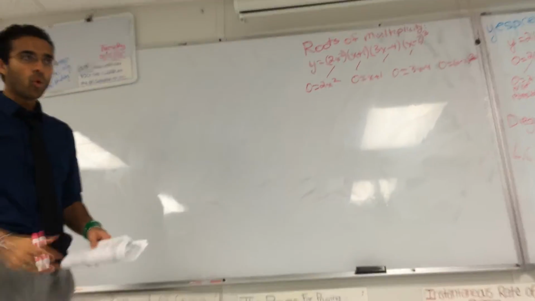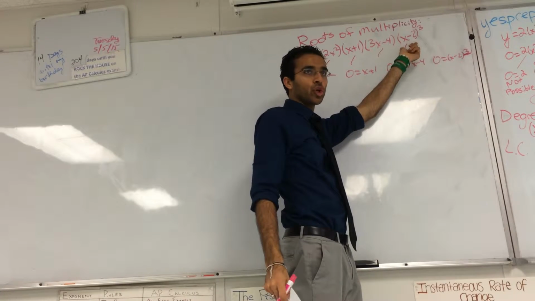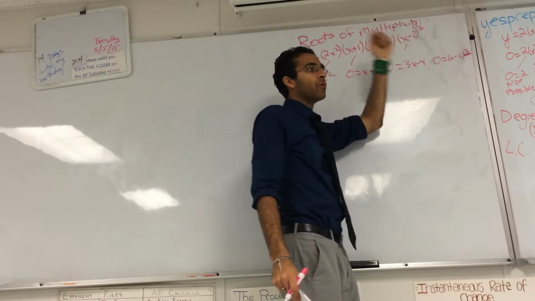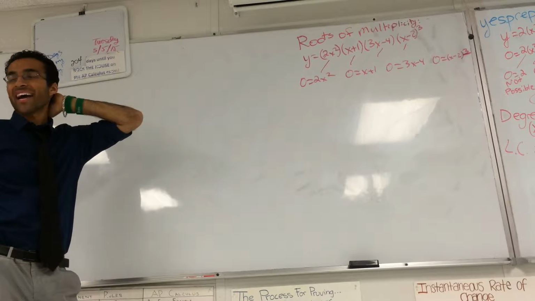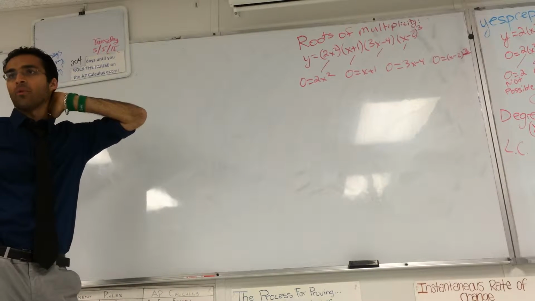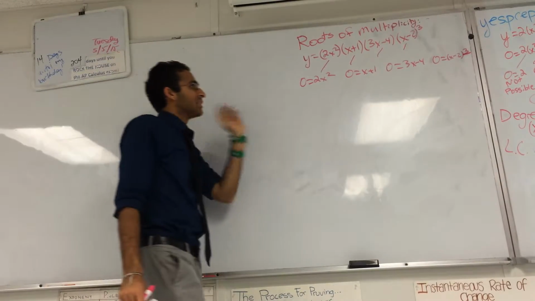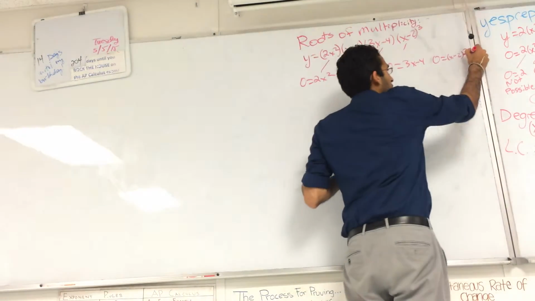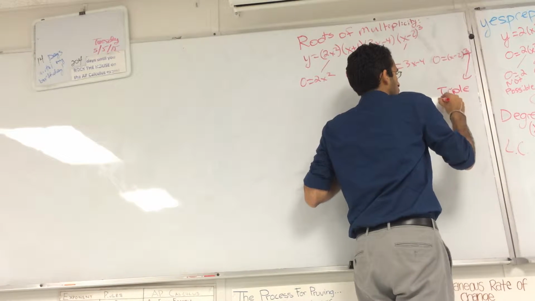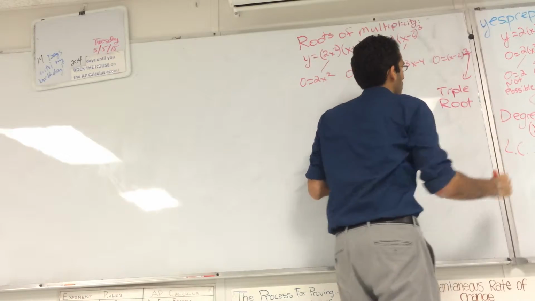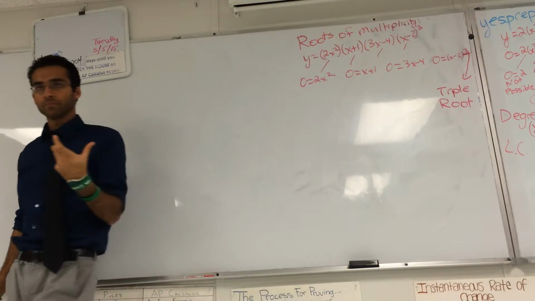We never had one factor raised to a power bigger than 1. This is something new. We call this a triple root, because there are essentially 3 roots within 1.